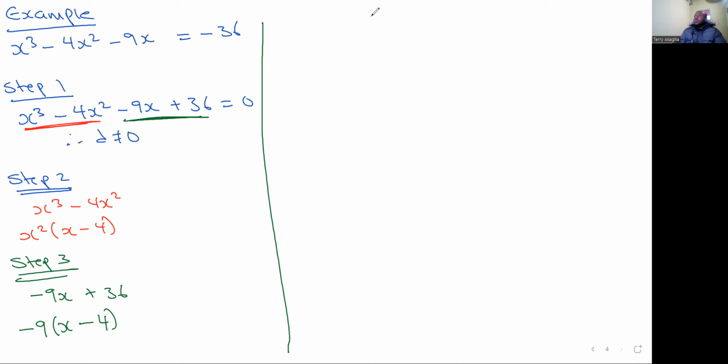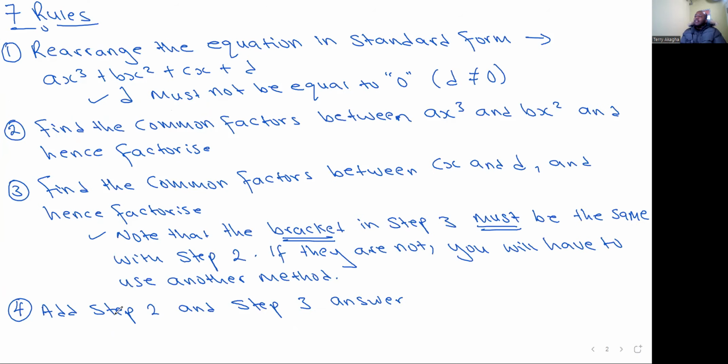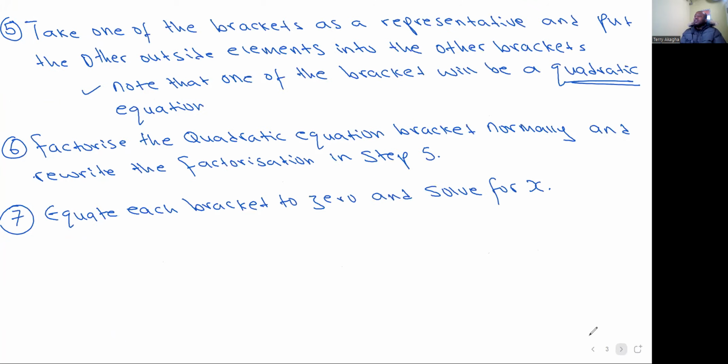Now let's go back to step 4 now, all right? So for step 4, what would that be? Step 4 said, when you're done with that, add step 2 and 3 together, all right? So let's go.